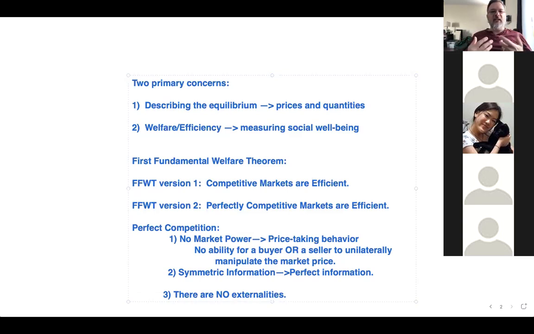Normally when you have a market transaction, there are two primary parties, the main ones, the buyer and the seller, right? But when there are externalities involved, there's a third party that is significantly affected by the transaction.